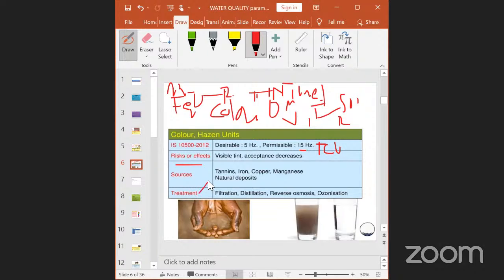Treatment is filtration, distillation, reverse osmosis, and also ozonization. So this is the color. HZ means Hazen units, or true color units, TCU, right?